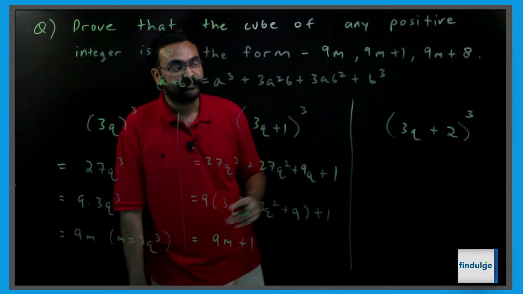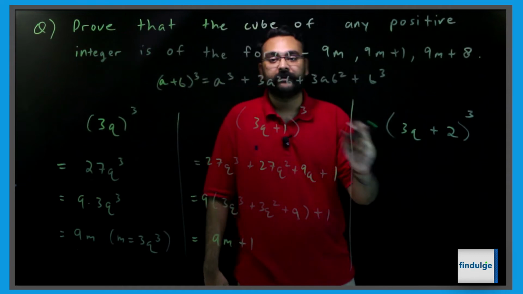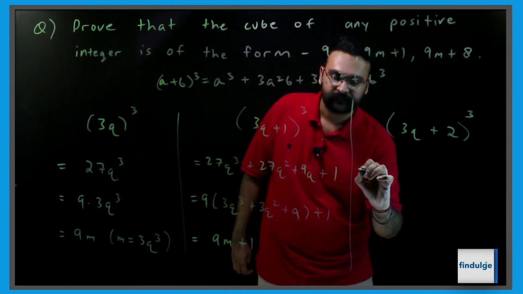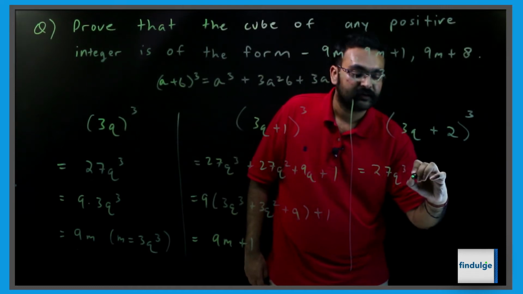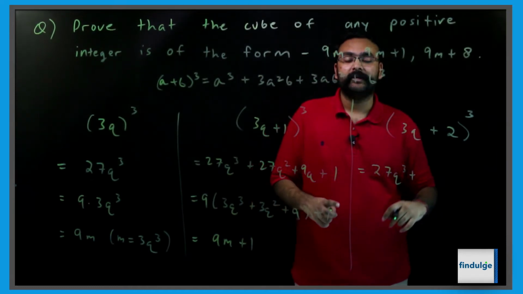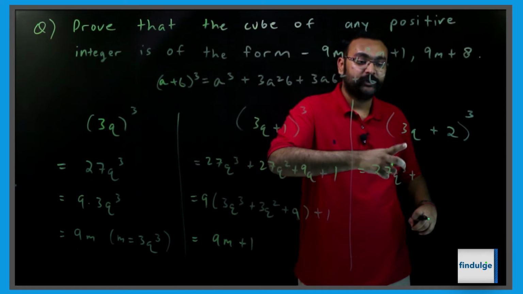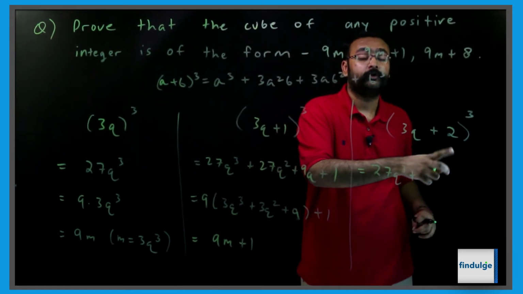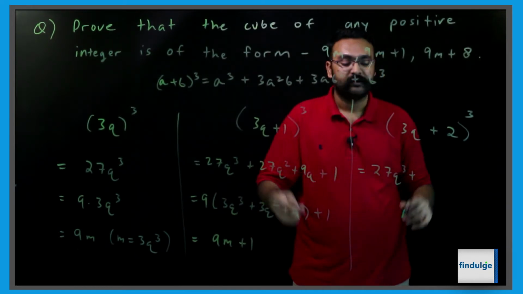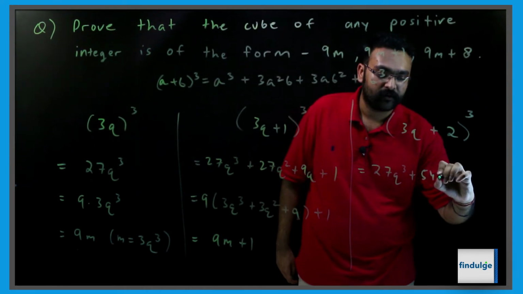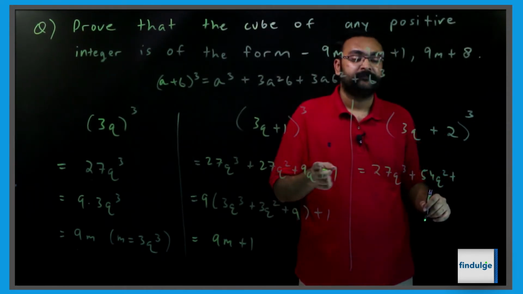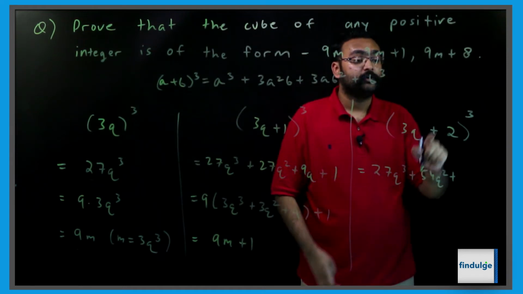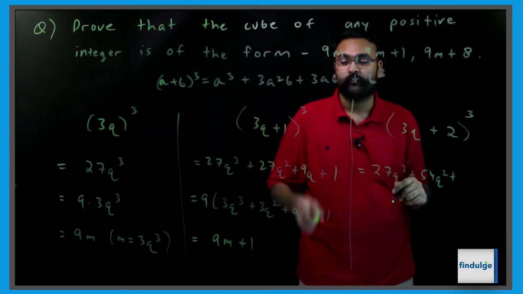Second format. Opening this one up, same way. First is just 27q cubed. Second is going to be 3 into 3q whole squared into 2 this time instead of 1. So 54q squared plus 3 into 3q into 2 squared this time instead of 1 square.